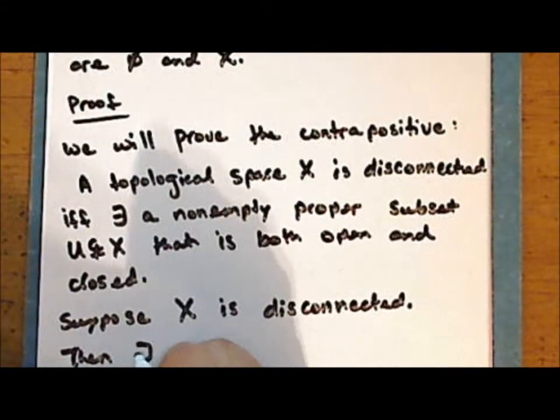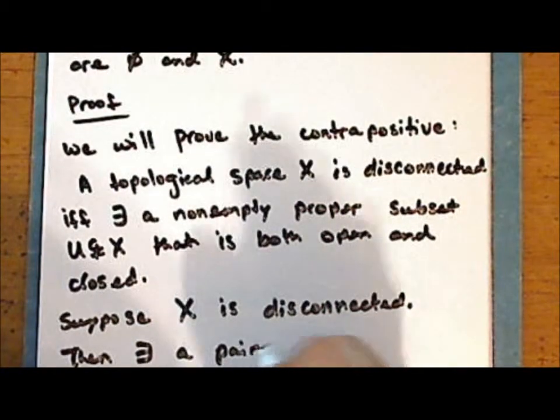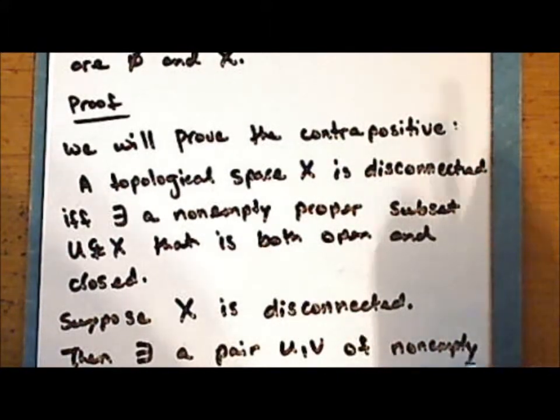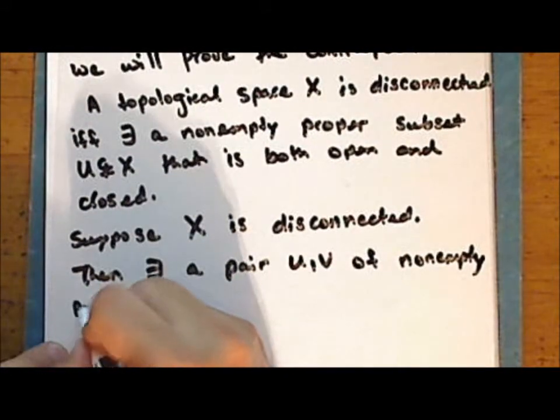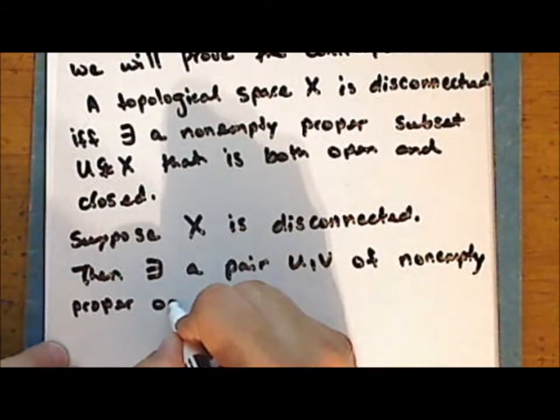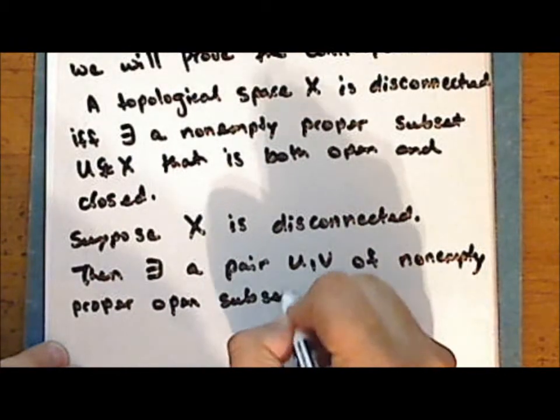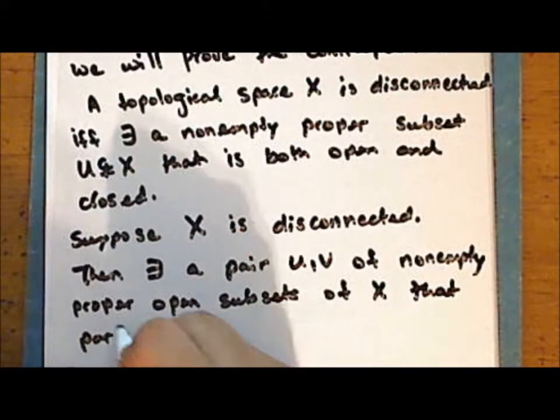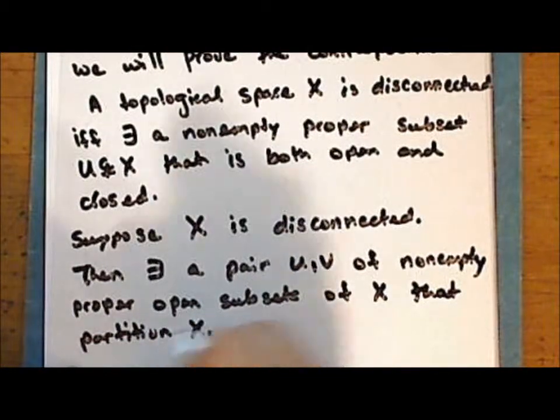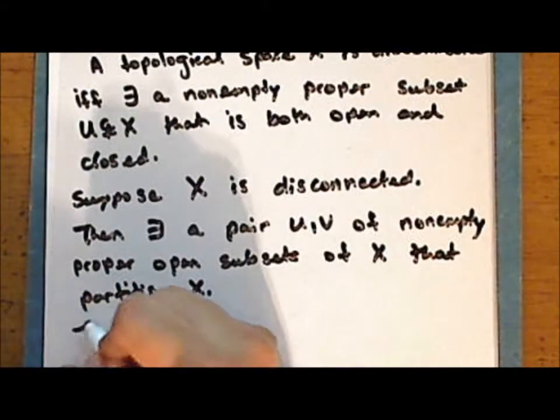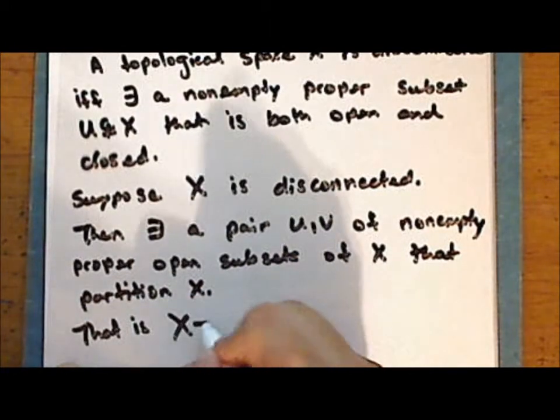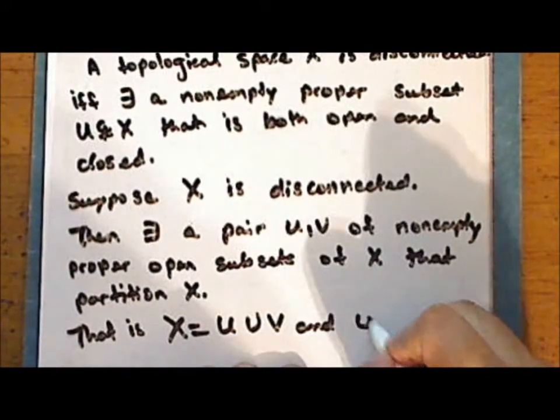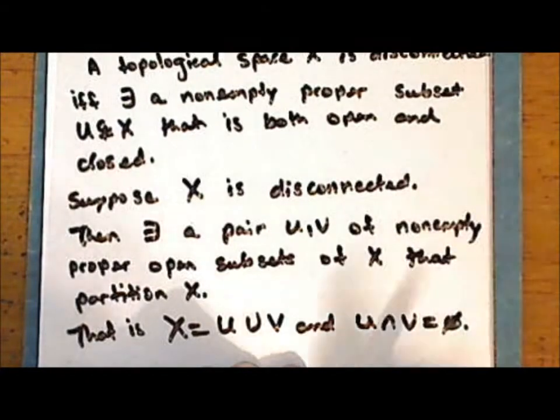Then there exists a pair U and V of non-empty proper open subsets of the space X that partition the space X. That is, X is the union of the sets U and V, and the intersection of U and V is empty.